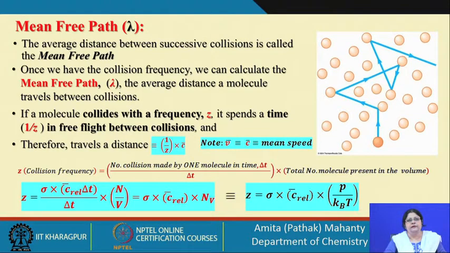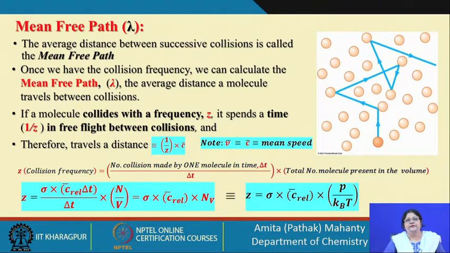Did you understand what I meant? Frequency means the rate, how many times it is occurring. So, if the number of collisions occurring is z, then the time spent in free flight is 1 by z.